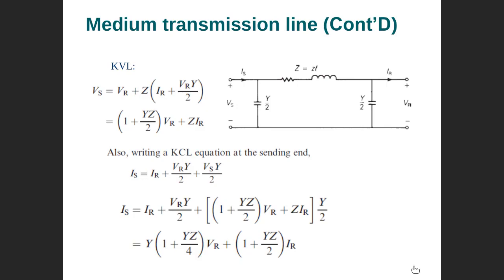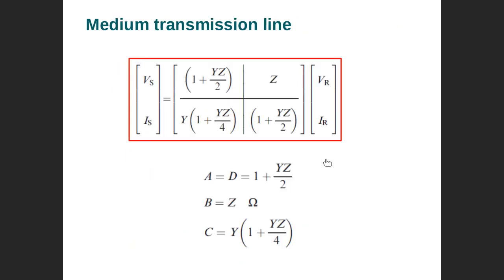Therefore, for the transmission line, we can write the A, B, C, D this way. B will be simply Z. A equals D. This is always so in the short transmission line and medium transmission line. B and C are not equal, of course. And the relationship will be simply like this.